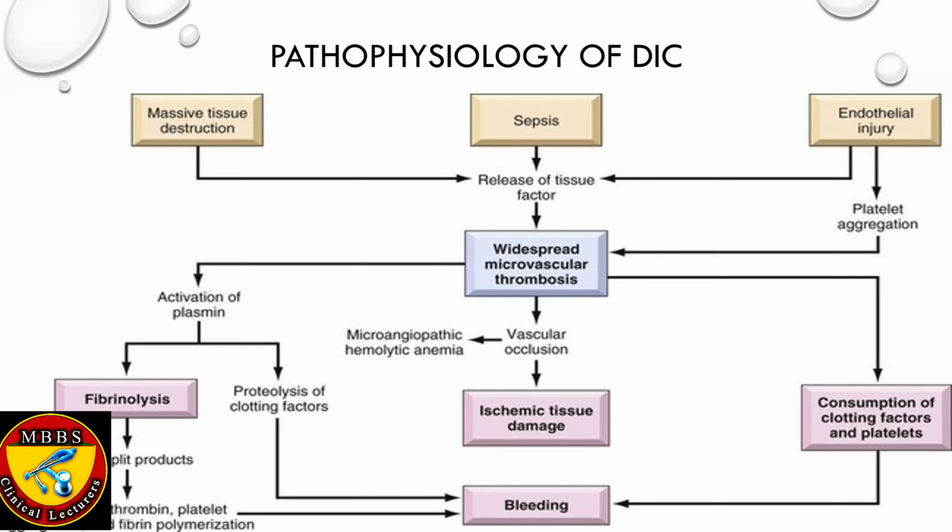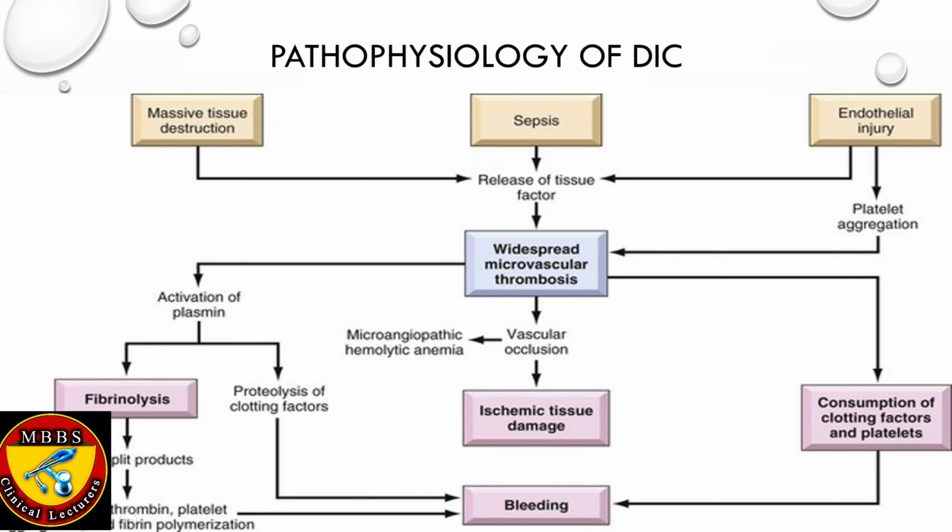Then widespread microvascular thrombosis also utilizes the clotting factors and platelets. These are utilized by the formation of thrombus. So the clotting factors and platelets are very low in the circulation, which can lead to bleeding.